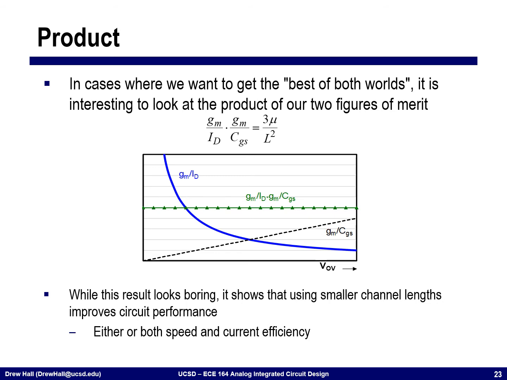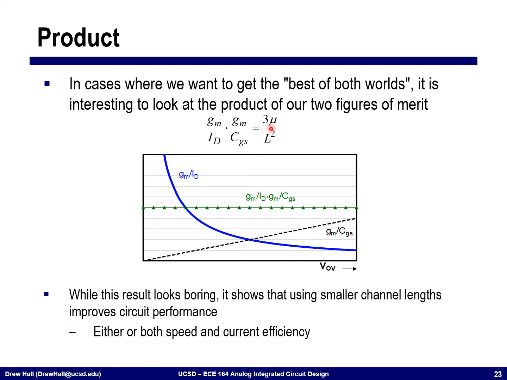And so what you can do is look at the product of these: GM over ID times GM divided by CGS. This is the transconductor efficiency times the FT. If you use the square law model, this is equal to 3 mu divided by L squared. This L squared term shows that we should benefit in terms of performance by going to newer and newer technology nodes.